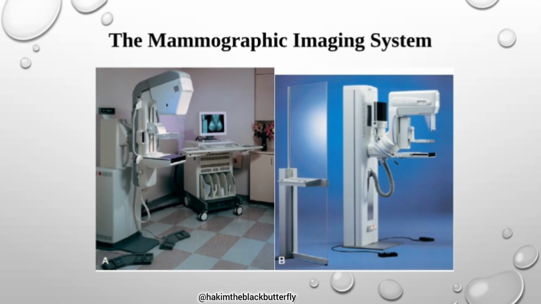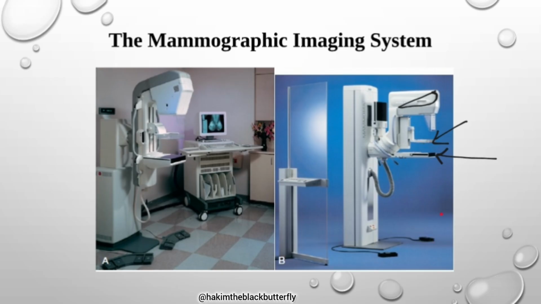So a mammo machine looks like the way you see it in this image. The X-ray tube is always overhead around there. This is the compression device. This is a breast support, as well as a detector. So the breast is always put in between and then compressed to the detector.